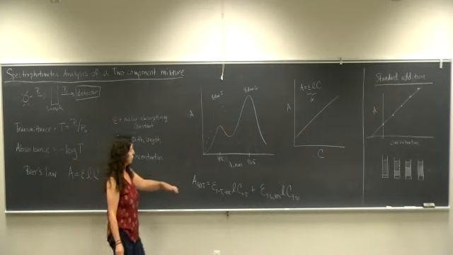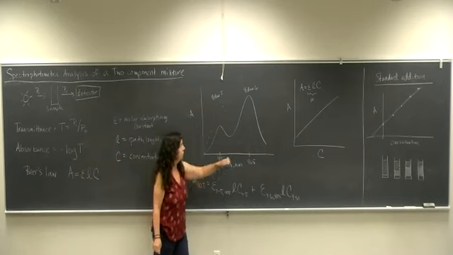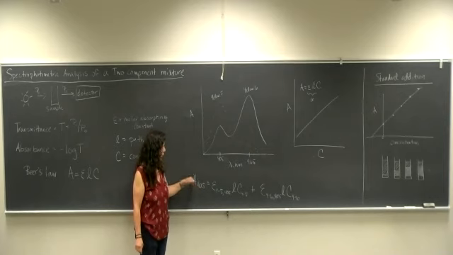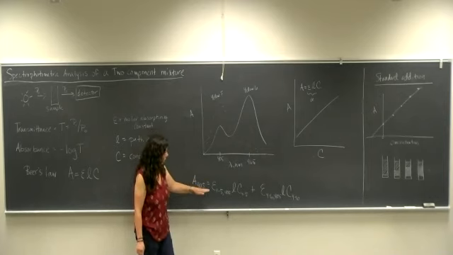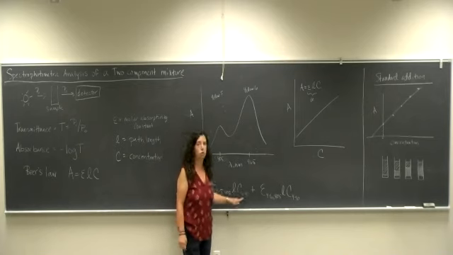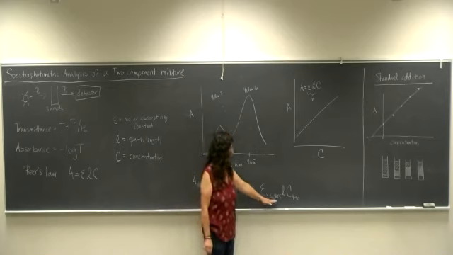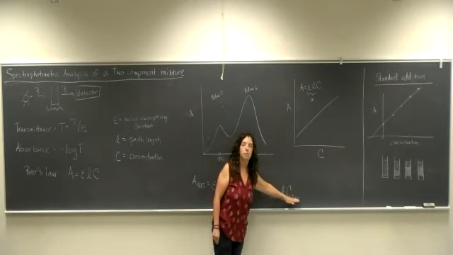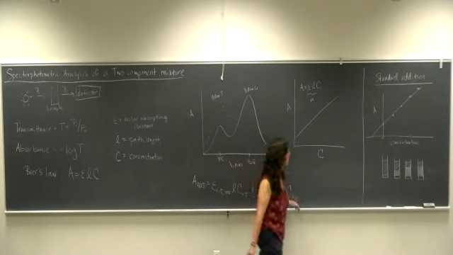I can write a similar equation for the absorbance at 465, but what this is telling me is the absorbance at 405 is going to be the molar absorptivity of yellow 5 dye times the concentration of yellow 5 dye plus the molar absorptivity of yellow 6 dye at 405 times its concentration.